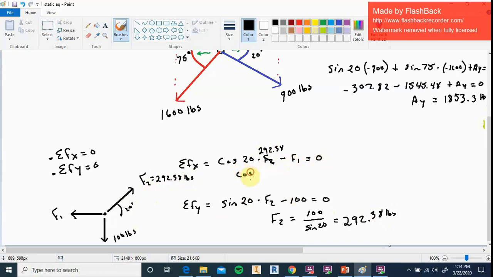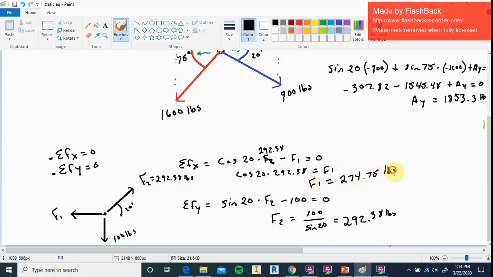So what we end up with is the cosine of 20 times 292.38 equals F1. And when we break that down, the cosine of 20 times 292.38, it looks like we get F1 equals 274.75.